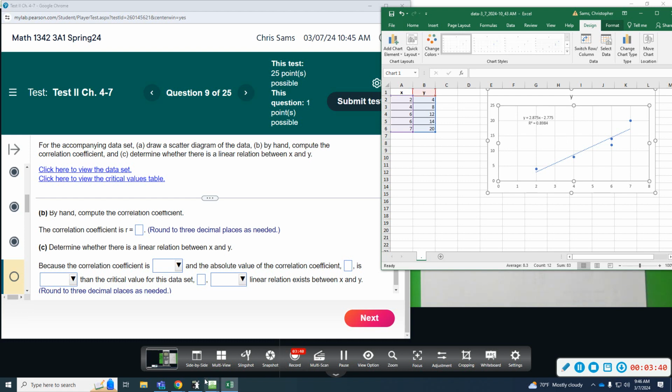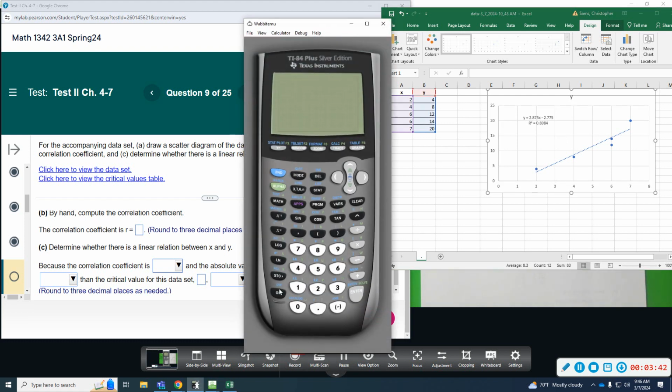I'll do second square root of 0.8984. This gives me my correlation coefficient, 0.9478. It wants me to round to 3 decimal places, so the 7 will round up, so 0.948.